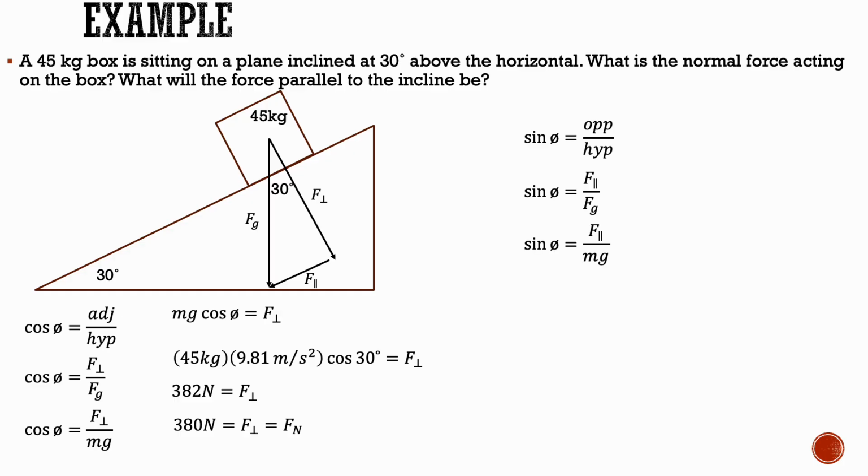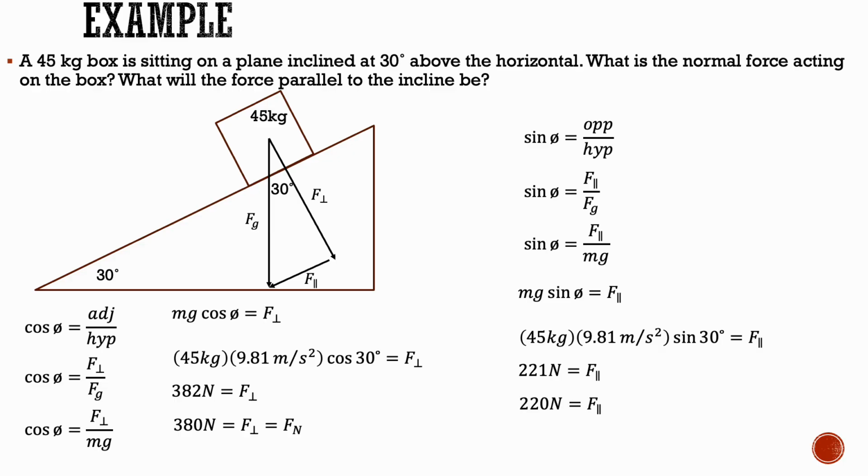And we want force parallel on its own, so we'll multiply both sides of our equation by mg. At this point, we'll substitute our values in and calculate our answer. We get 221 newtons, but once again, we need to make sure it's to appropriate amount of significant figures, so we get 220 newtons.